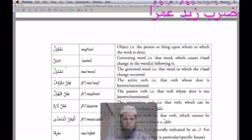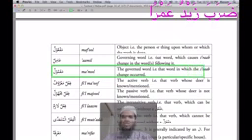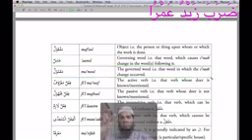Zaidun. Maf'ulun, the governed word, or ma'mulun, the governed word, that word in which the i'rab change occurred. So in our case, daraba zaidun amran. In both zaidun and amran, both of these are governed words.